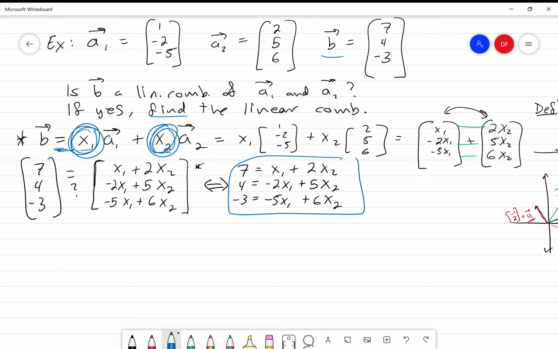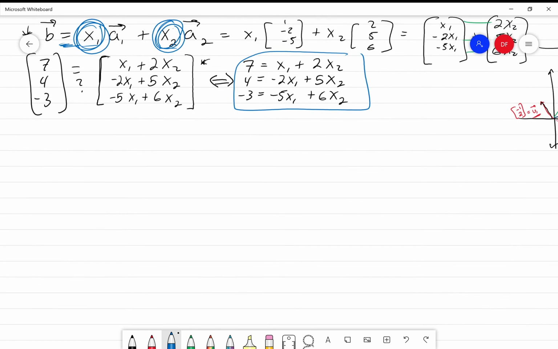Do we know how to do this from previous sections? Yes, we do. This is a system of equations. 3 equations, 2 variables. Okay? So immediately you should recognize that I can make this into a matrix with x1 here, x2 here, and the number for b here.